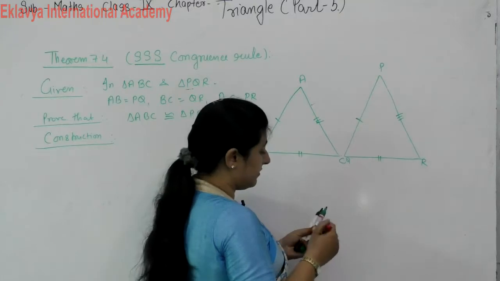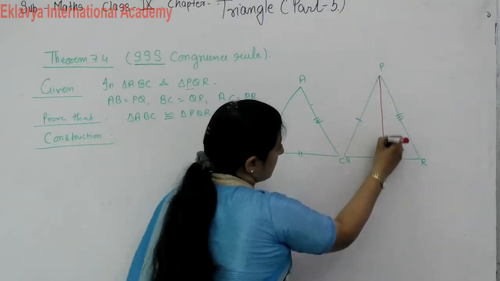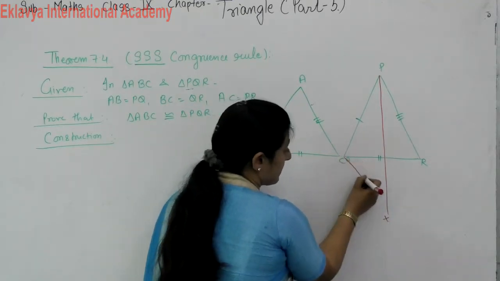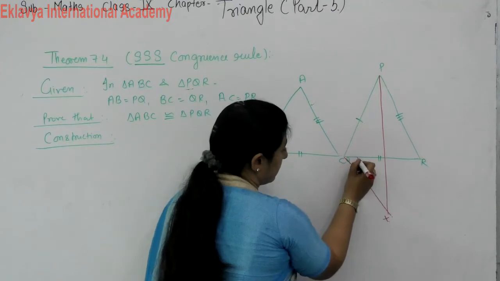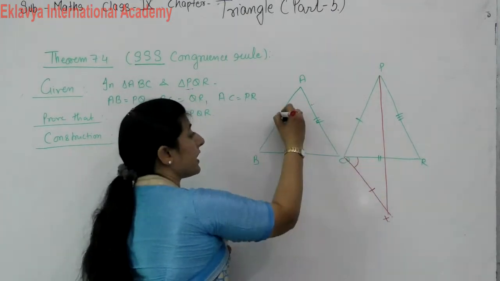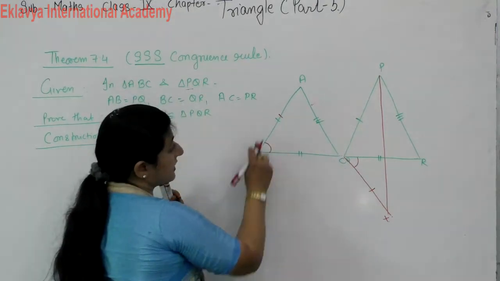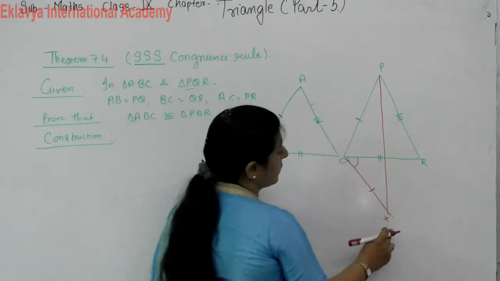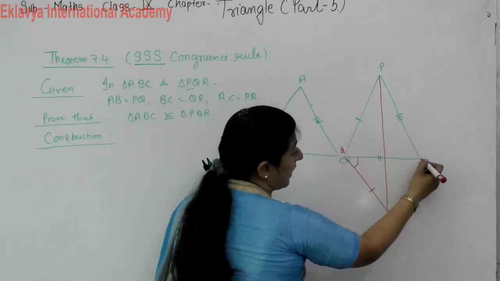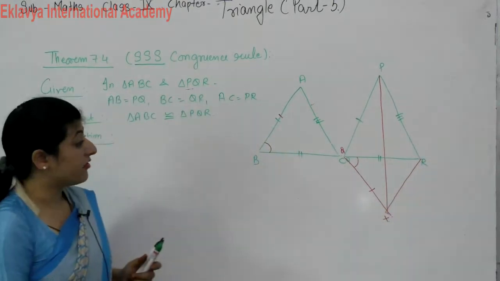Draw a line PX such that angle XQR is equal to angle ABC and XQ is equal to AB. Join XR. What construction do we do?